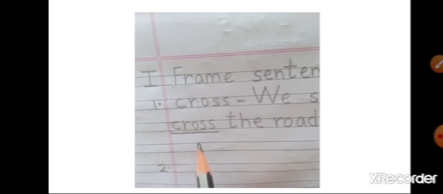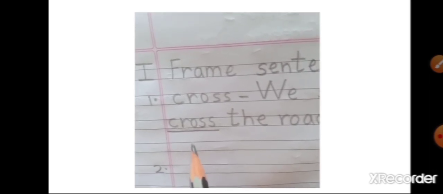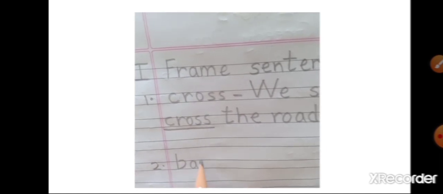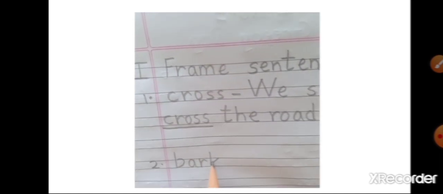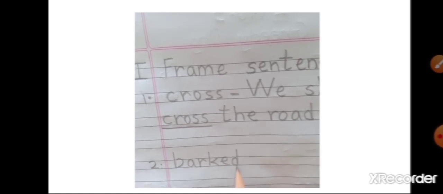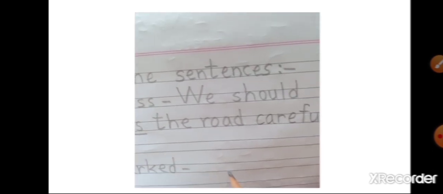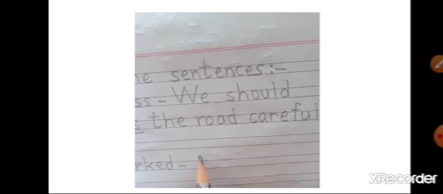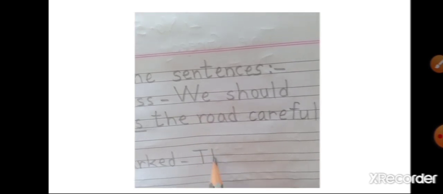Now the second word is barked. BARKED, barked. Dash. The dog barked loudly. Okay, let's write this sentence. T capital.